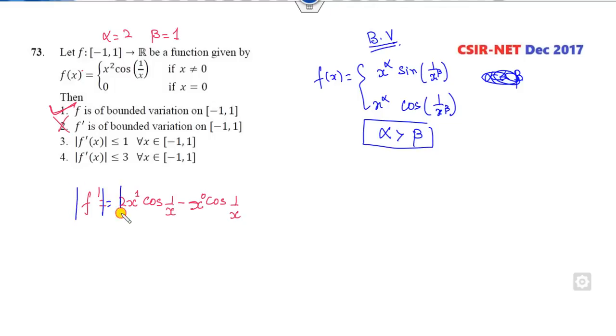What is the derivative of this here, which is less than 2 mod x, cos is always less than 1, x0 is 1, it is here. So what is x on the closed interval of this? It means x is less than or equal to minus 1. It is less than 2 into 1, 2 plus 1, 3, less than or equal to 3 is the right answer. Third is cancelled.